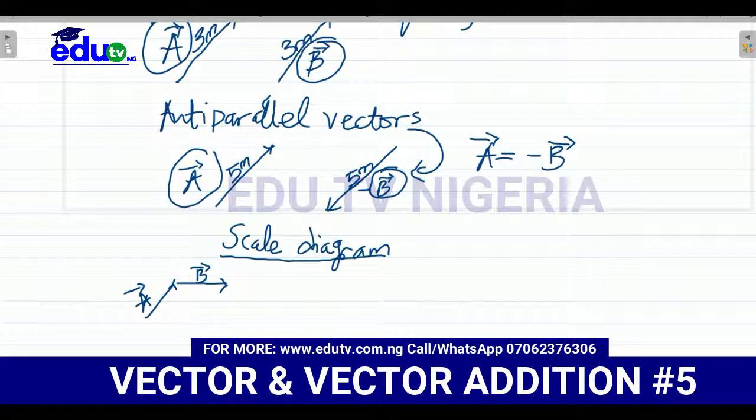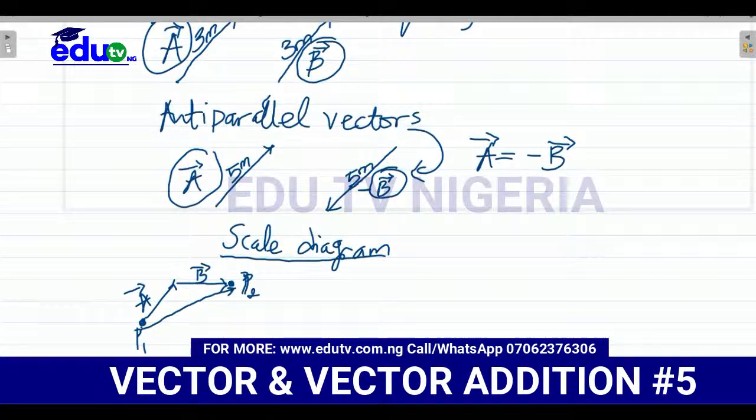The position of vector A from its tail arrow, through vector B, to its position, the arrowhead of vector B. If I have to check the displacement from this point, let's call this point 1, P1, and this one point 2, P2, from point P1 to point P2.